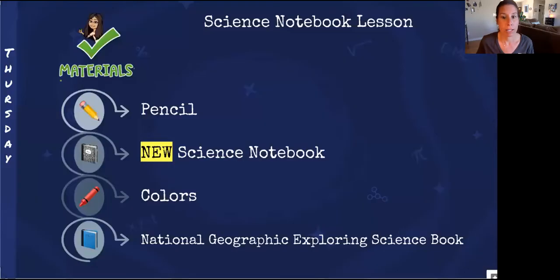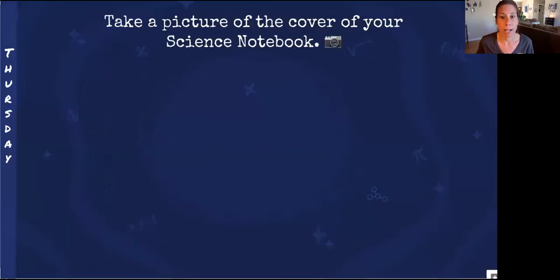So whatever you want to design your cover as, whatever interests you in science, you get to do. Now, what I would do next is I would color it and make it look beautiful, but make sure that your name is still showing really, really nicely. Okay, then you will post the picture of the cover of your notebook on this slide.